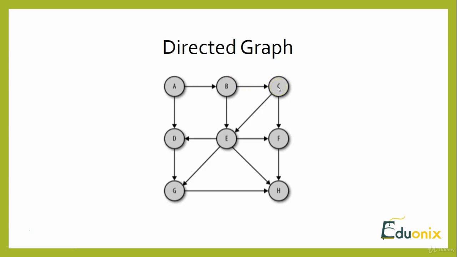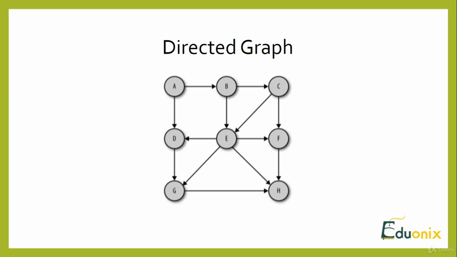A path can also consist of a vertex itself, which is called a loop. And a loop is said to not have any length because it starts from the same point and ends at the same point. So that is why loops have a length of 0.